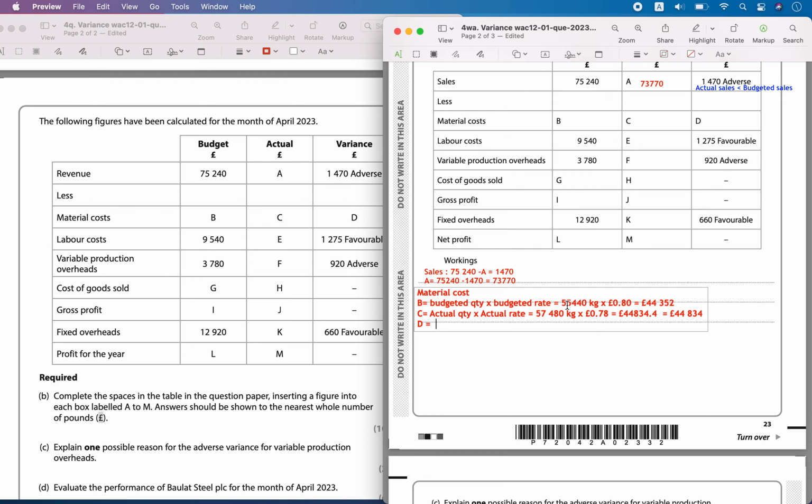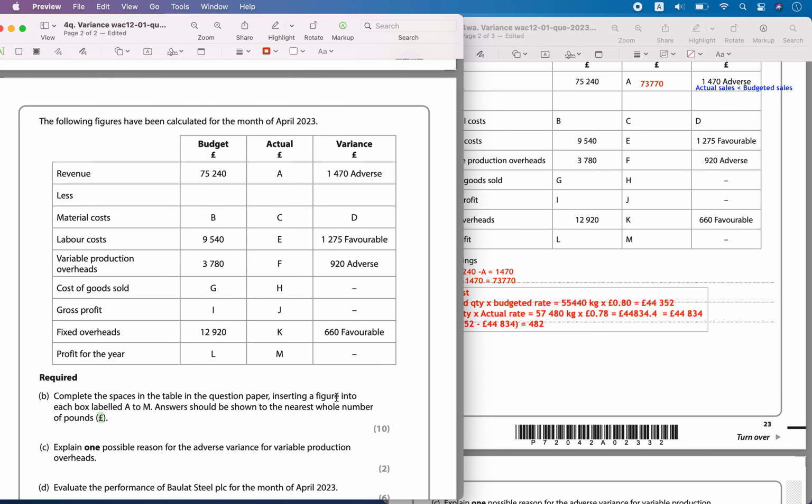When you find the difference between the budgeted material cost and the actual, I will call it adverse, because my cost has become greater. Find the difference between the two. It is 482 pounds. The difference is adverse because the cost has become more than my budgeted.